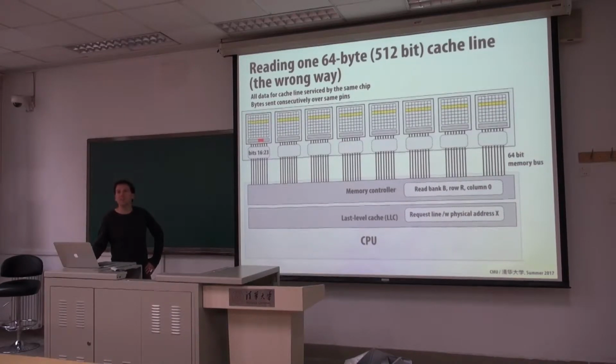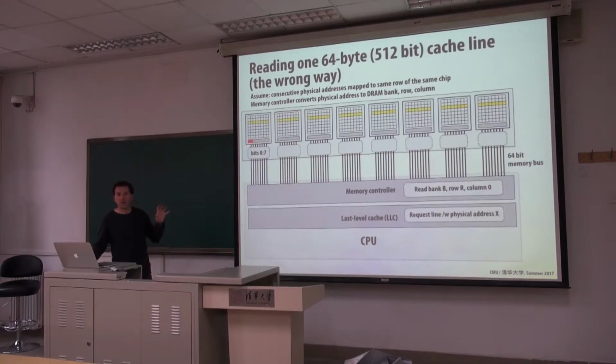So how many clocks would it take me to get the cache line, given this mapping of memory addresses to DRAM chips? It's a 64-byte cache line. I get 1 useful byte per clock because all of the data is on chip 0. So it takes 64 clocks to get all the data.